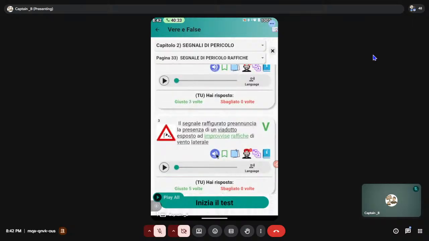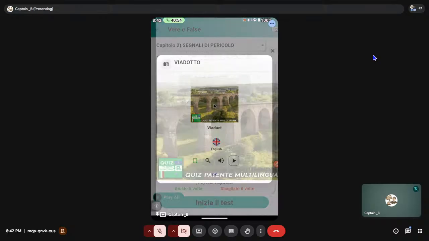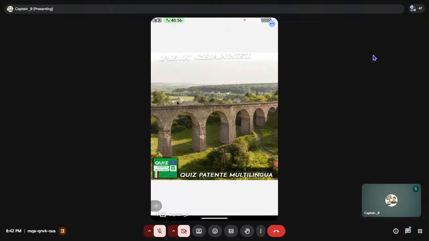Number 3. Il segnale raffigurato preannuncia la presenza di un viadotto esposto ad improvvise raffiche di vento laterale. Now, you see this sign is referring to preannuncia, also meaning announcing la presenza di un viadotto. Viadotto is this one. See it. Okay, this bridge, this one here.